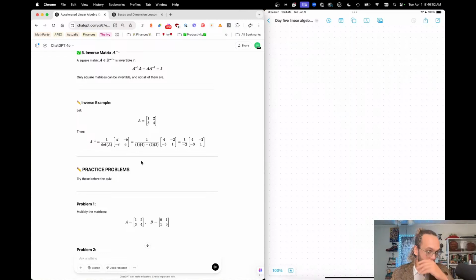Okay. So it's interesting, they don't explain a lot of things here. They're skipping a lot, this ChatGPT. But the determinant is AD minus BC. I know that. And they don't clarify what A, B, C, D are, but it would be A, B, C, D. So to find the determinant, I go 1 times 4 minus 2 times 3.